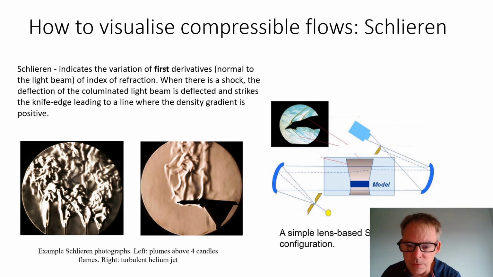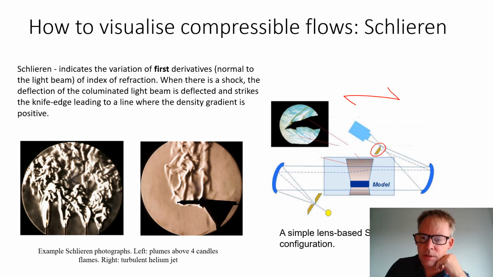This works on the principle of what we call a Z-optic setup, where we've got a source, two mirrors, a camera, and the critical thing in all of this is setting up a knife edge at the focal point of the camera and the mirror setup. What happens in this particular case is a change in refractive index leads to the light rays deflecting and not being captured by the camera, leading to regions of darkness.